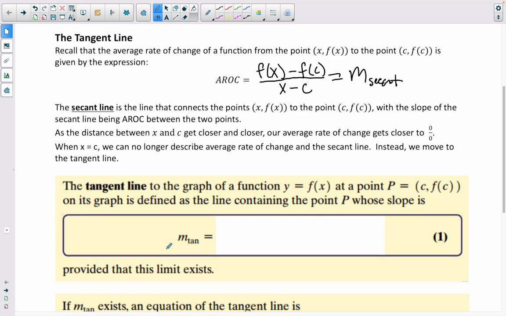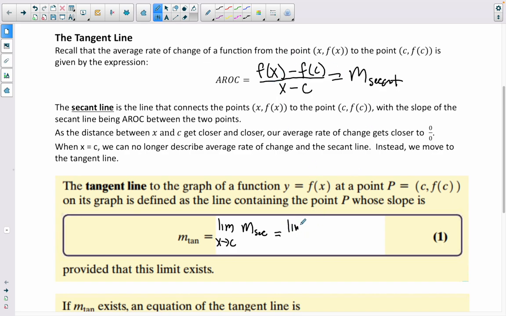And so the tangent line to the graph of a function y equals f of x at a point P, where P is the ordered pair c, f of c, on its graph is defined as the line containing the point P, whose slope is given by m tangent. Well, it's now a limit, right? So it's going to be the limit as x goes to c of your secant line slope, m secant, which is really, we're going to take this and turn it into a limit now.